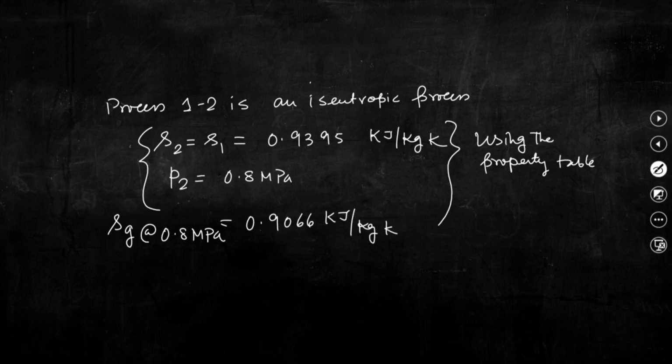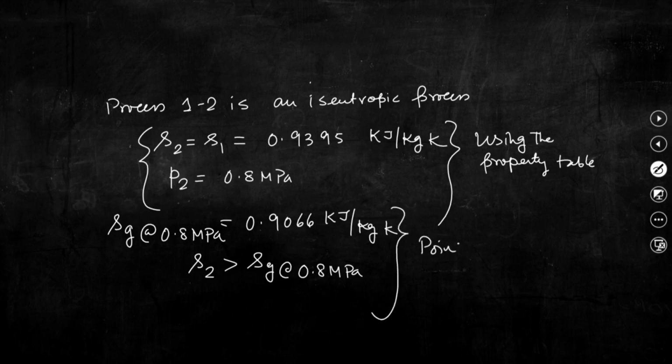Now, the entropy of the refrigerant at the exit of the compressor for this particular problem statement is 0.9395, which means S2 is greater than Sg at that pressure, 0.8 MPa. So, this indicates point 2 is in the superheated regime.